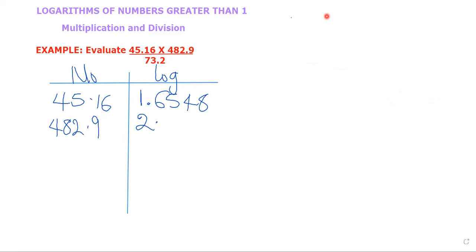We have that 48 under 2 is 6, 8, 3, 0. And then the difference of 9, we usually add the difference, like I said. Difference of 9 is 8.